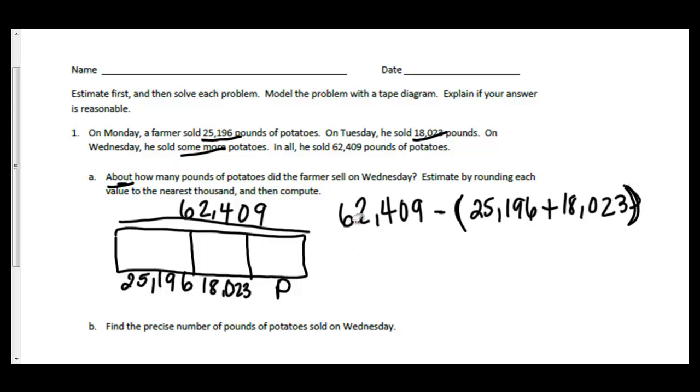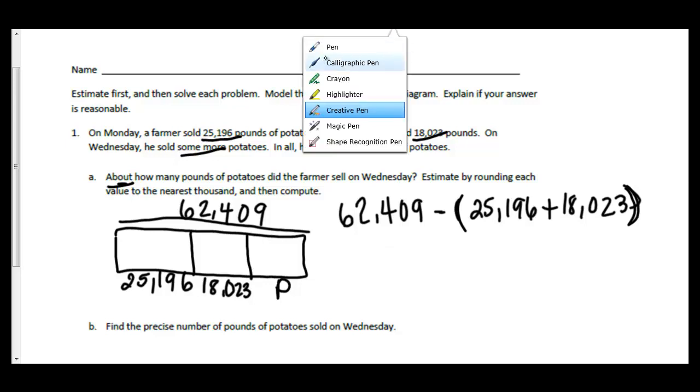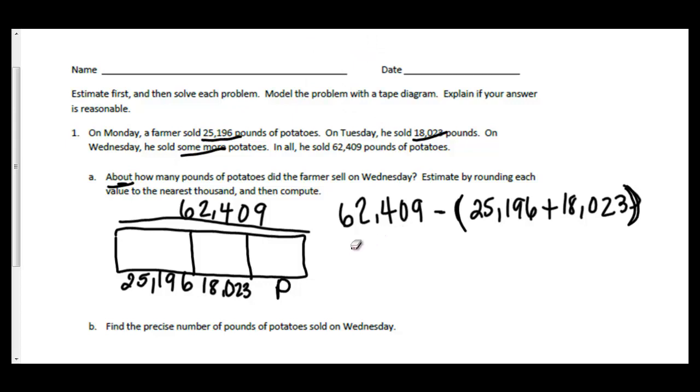So I'm going to round to the nearest thousand. 62,409 comes between 62,000 and 63,000, and it's closer to 62,000.